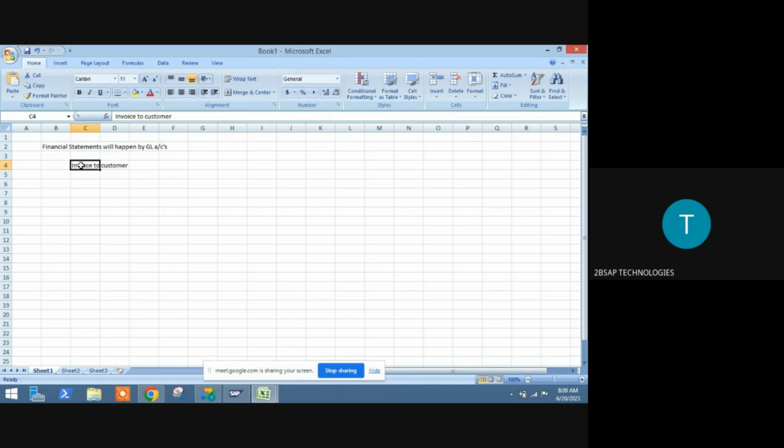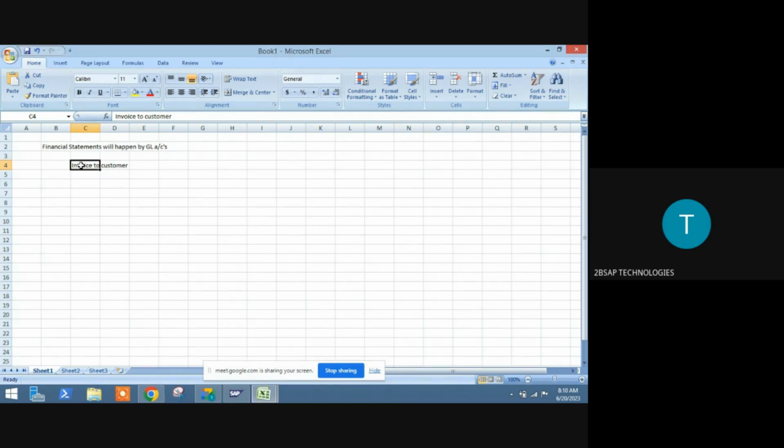What is revenue, sir? Is revenue a nominal account, real account or personal account? Which one, sir? Revenue. Golden rule: personal, real, and nominal. Nominal account, sir. Nominal means what, sir?